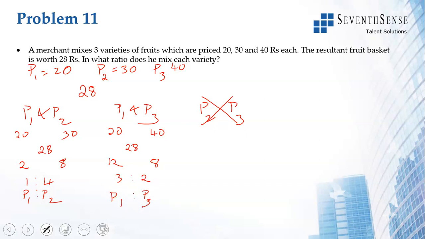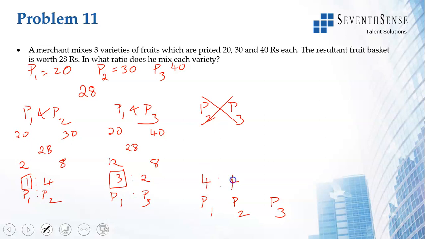If you have to get the value here, you find out the ratio of P1 is to P2 is to P3, and you add this because P1 is repeating. When you write the ratio P1, P2, P3, you add the ratios for numbers for P1. You get 4, 3 plus 1.